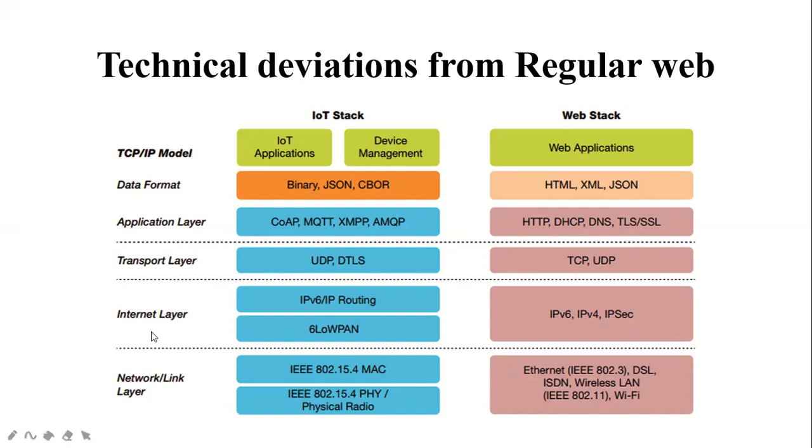As you can see, for the internet layer we have some advanced form of internet, and for the network layer also some advanced form or additional service we need to have to create your IoT stack. So these are some technical deviations from your regular web.